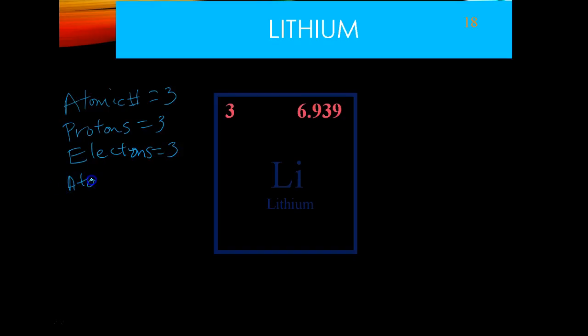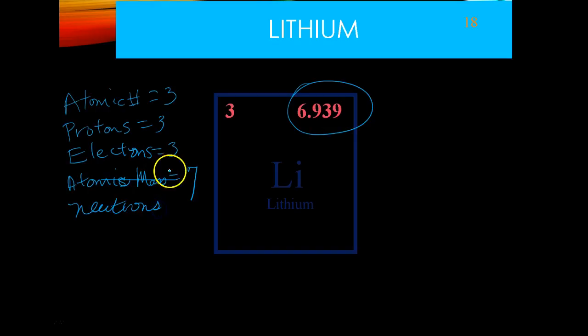Atomic mass is equal to what is the number? Correct if you said 7. So then the number of neutrons is equal to, what is the number? 7 minus 3 is equal to 4.